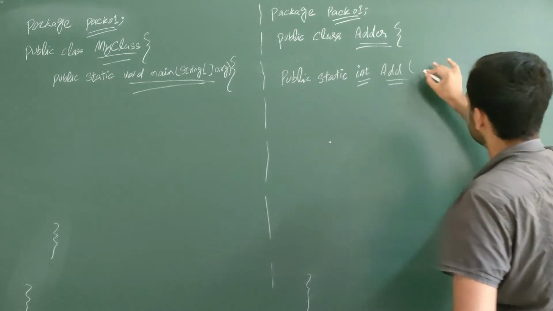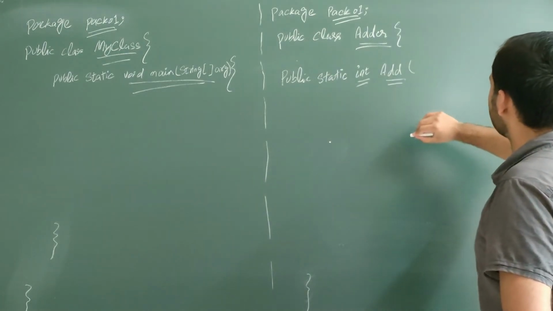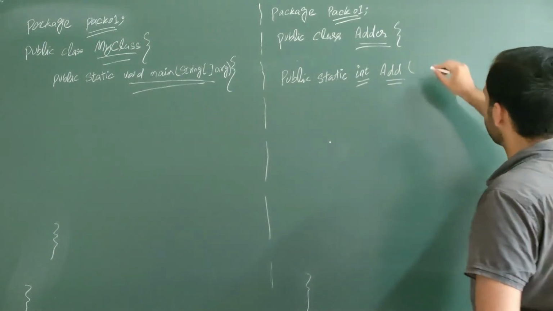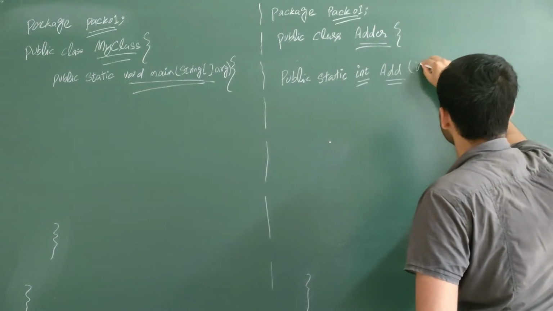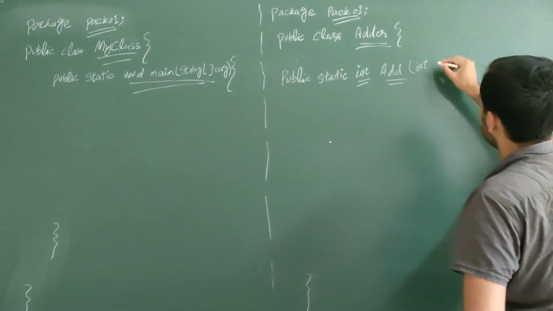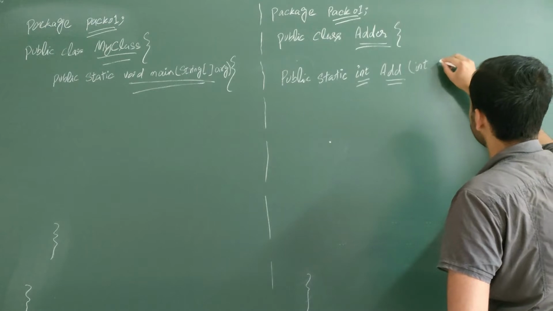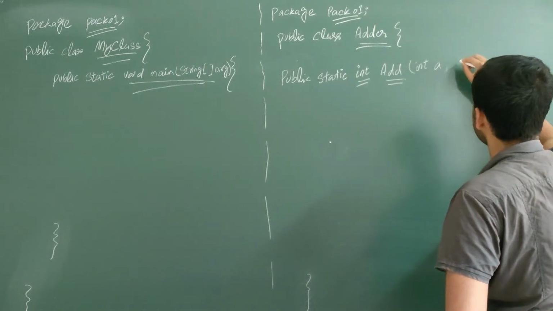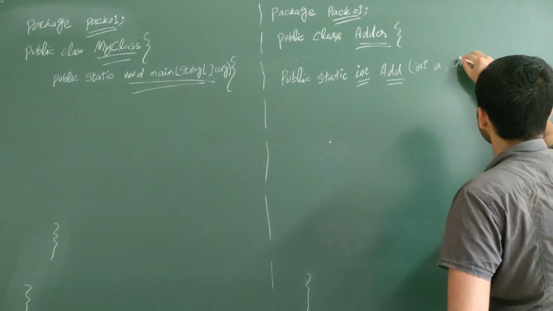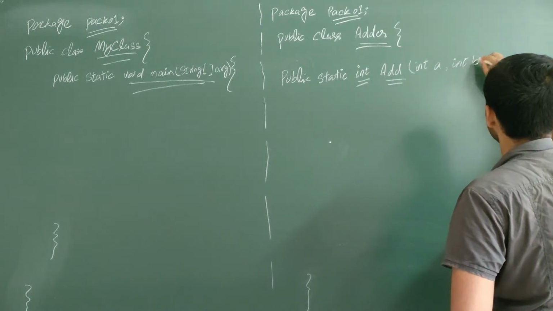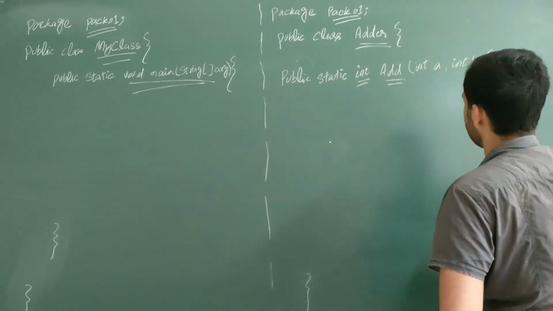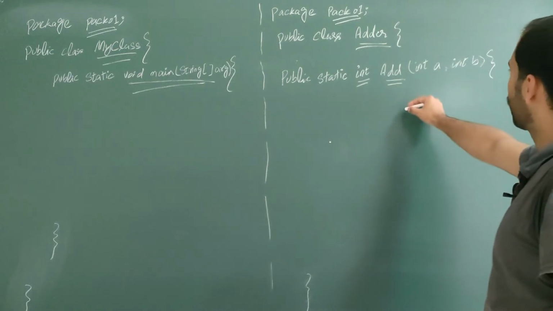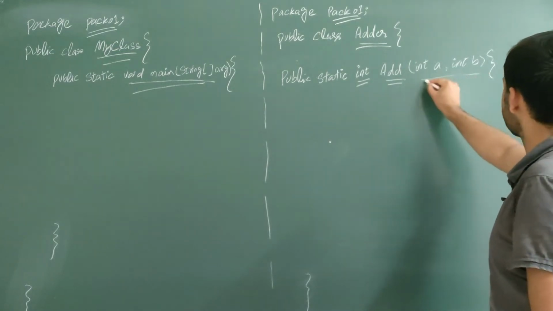After that, here are my arguments, like parameters, you can say. Suppose I will pass two arguments. The first is integer a, and the second one is integer b. So here I have created what are called the parameters.